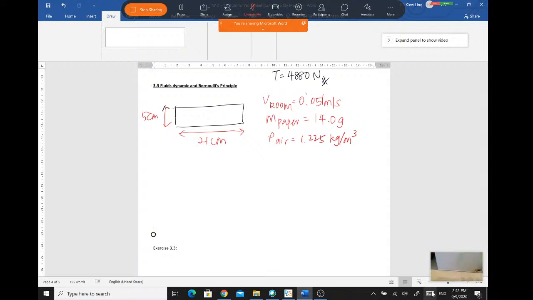Correct. Okay, so what I want you to do is, when you hold it on one side, this is how the pepper will look like. Your pepper will fall down like this.